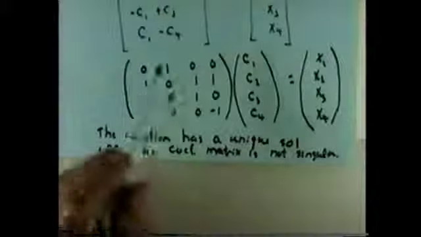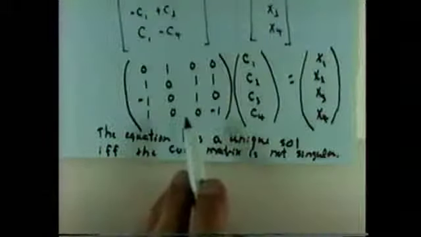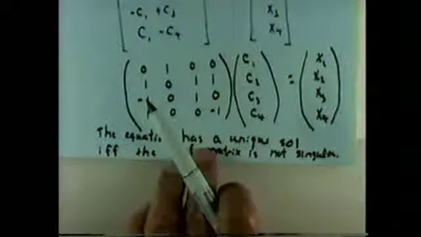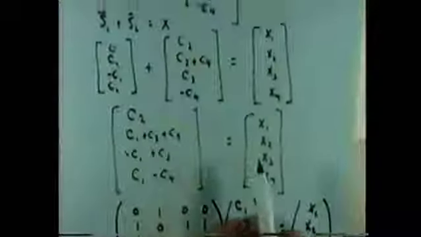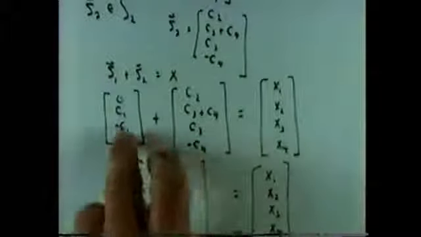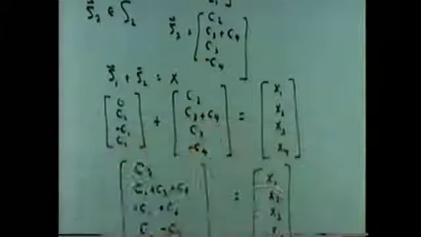I'm going to leave it for you to use Derive to do the determinant, but if you go to Derive and do the determinant of this matrix, you will find that it is not 0, so therefore the equation has a unique solution. Therefore, any vector in n space can be written as the sum of a vector from S plus a vector from S complement.